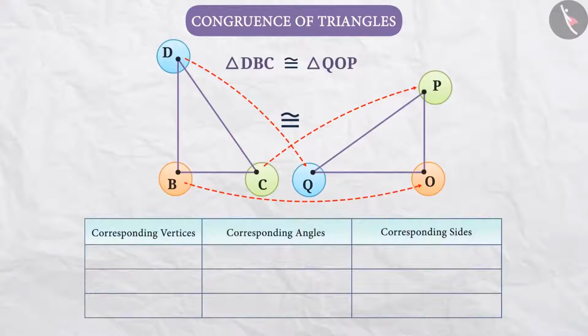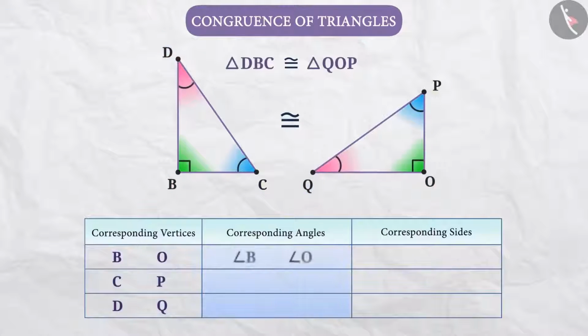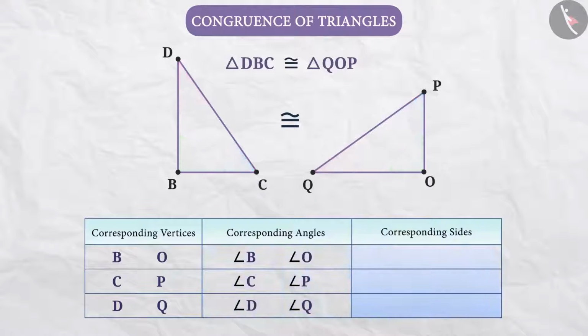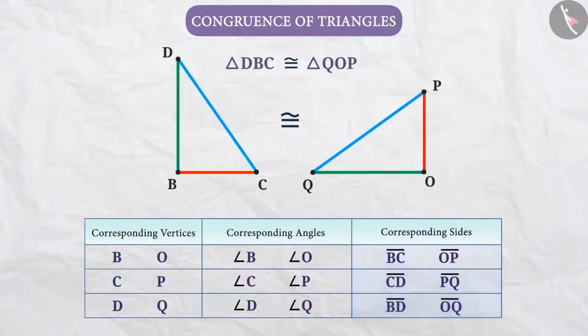Looking at these correspondences, we can tell that here are the pairs of corresponding vertices: vertex B and vertex O, vertex C and vertex P, and vertex D and vertex Q. Pairs of corresponding angles are angle B and angle O, angle C and angle P, and angle D and angle Q. Similarly, there are pairs of corresponding sides BC and OP, CD and PQ, and BD and OQ.